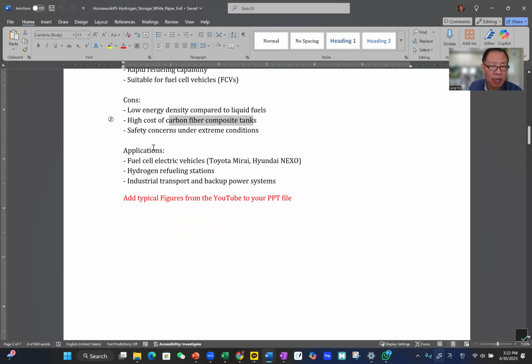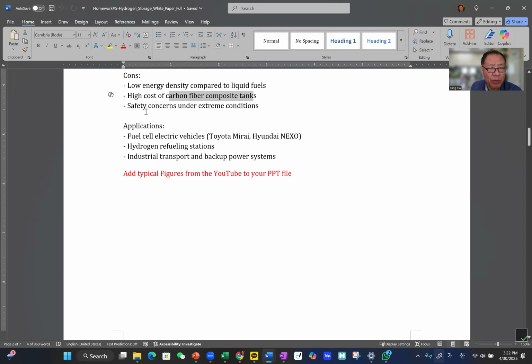So practically, it's not possible to make the tank using metal. So no choice but to use the carbon fiber composite tank, while always a safety concern.